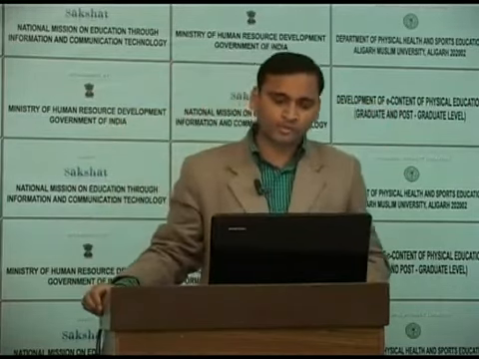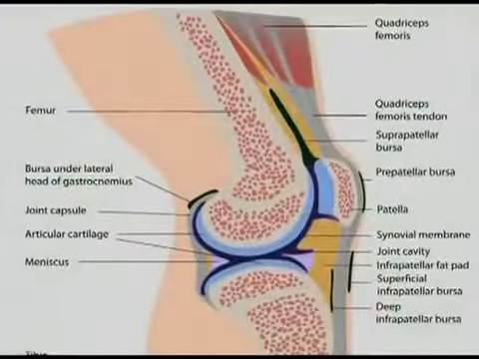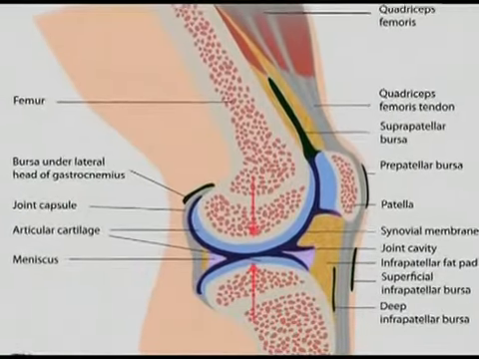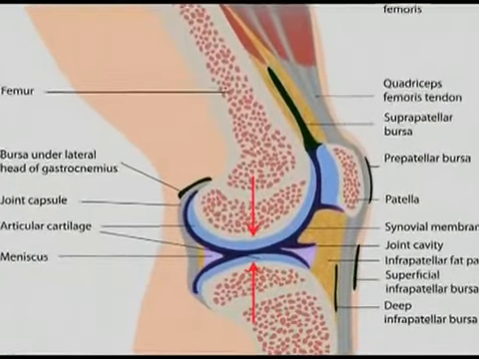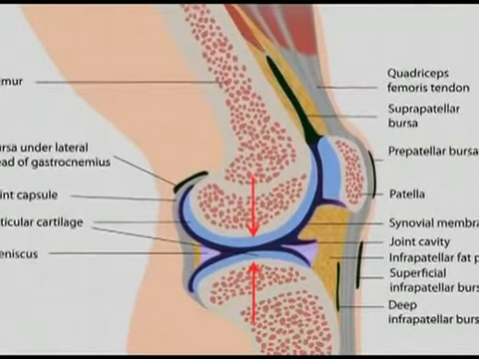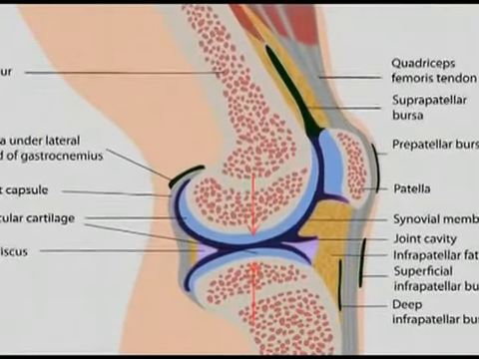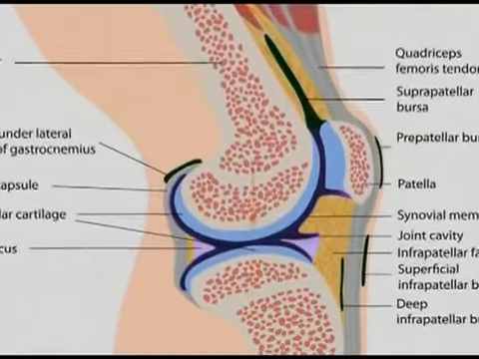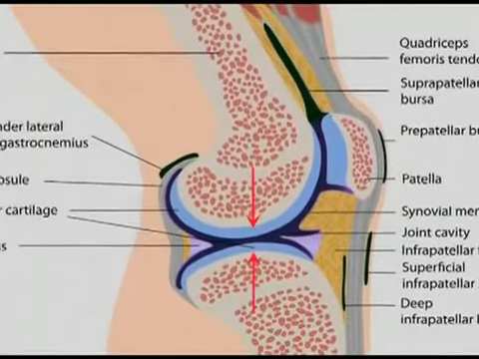Suppose you are approximating two convex surfaces, as you can see in the diagram; because of approximation of two convex surfaces, there is fluid film formation because of elastic deformation as well as sliding movement of the two opposing surfaces.